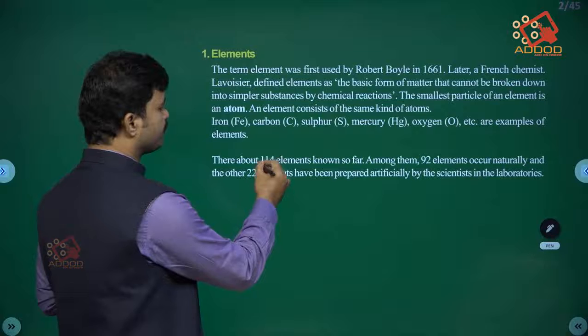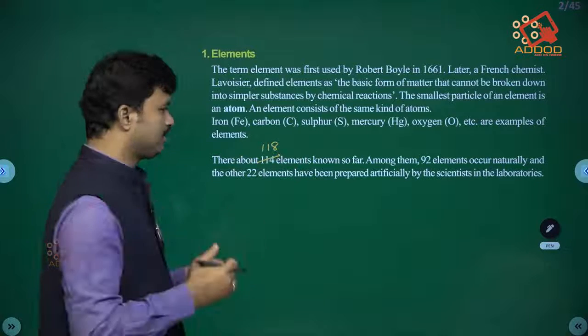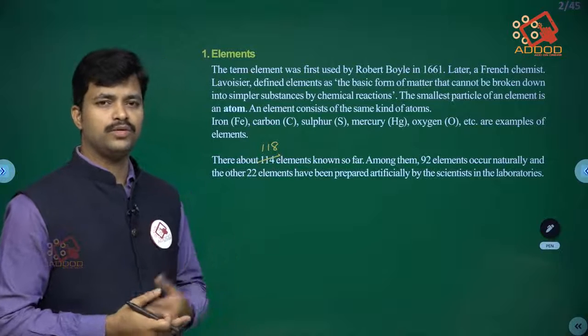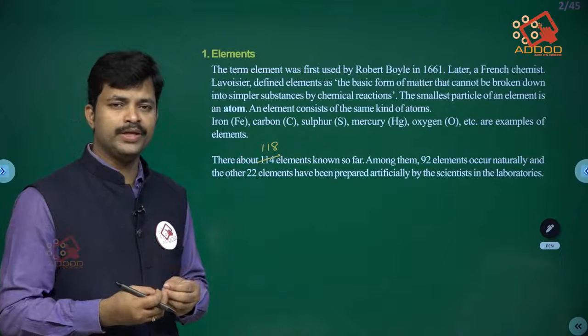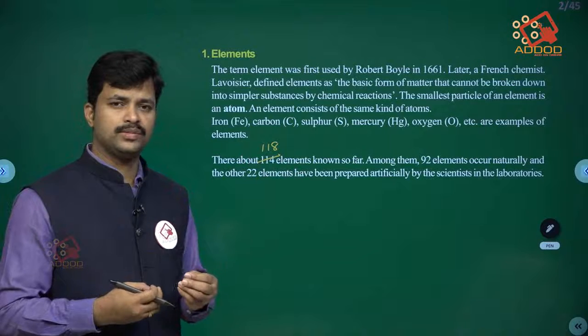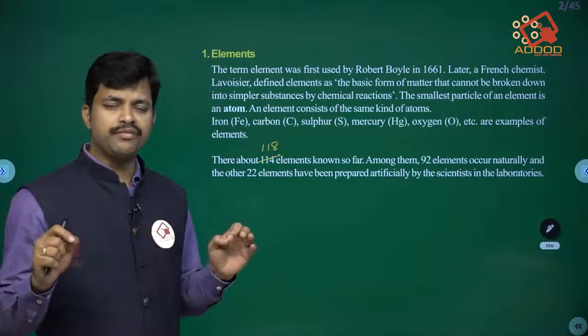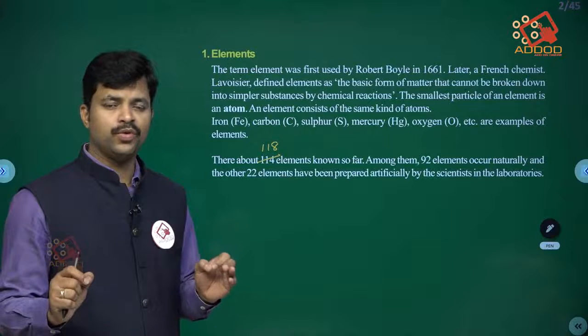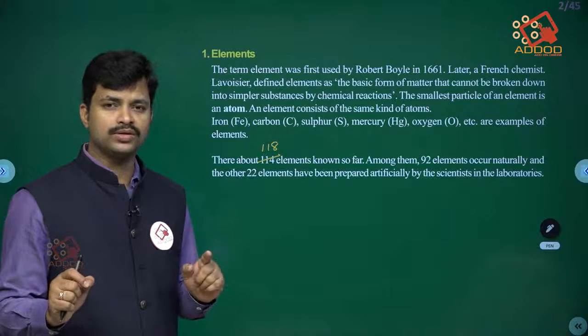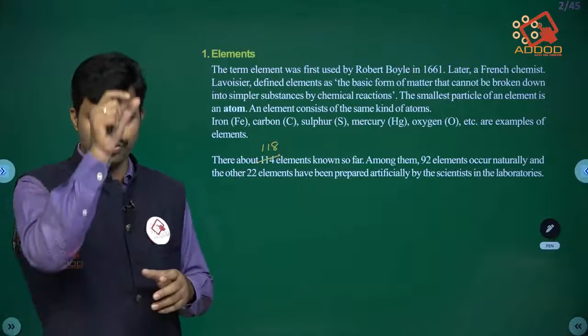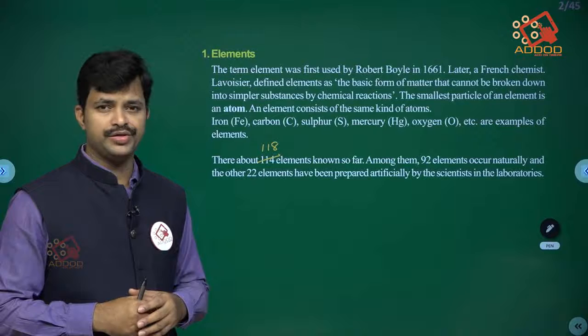Therefore, there are 118 elements till today. Every book will have 114 elements only, but 6 or 7 years back the 7th period was completely filled, and 118 elements were authorized, the last one in the zero group elements in the periodic table.